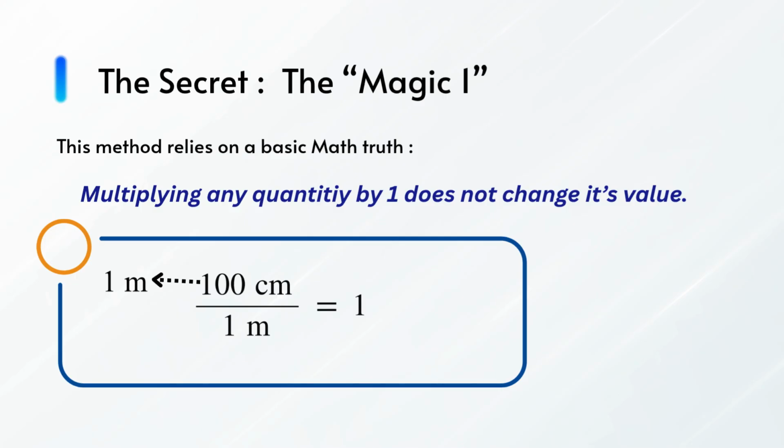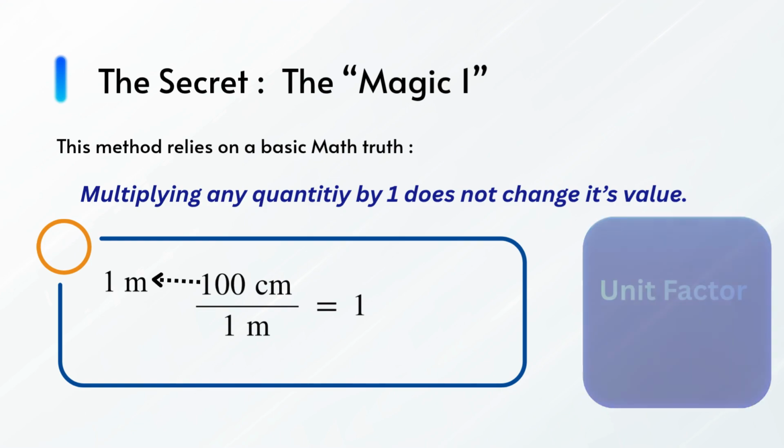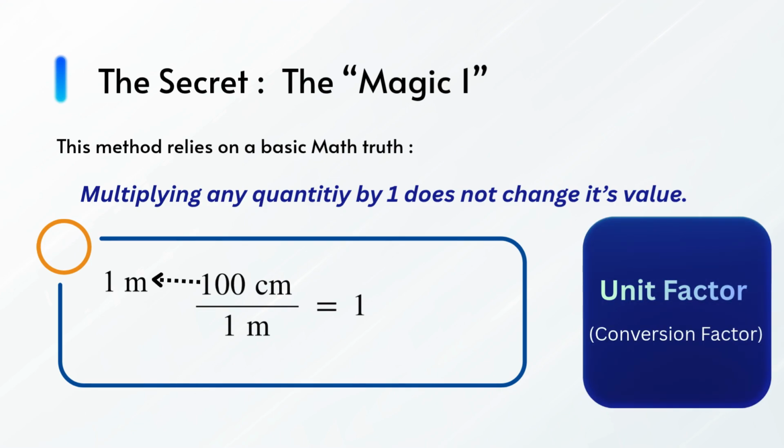So this fraction is actually equal to 1. Because this fraction equals 1, multiplying by it changes only the unit, not the value. This special fraction is called a unit factor or conversion factor. Remember this term because we will use it throughout the chapter.